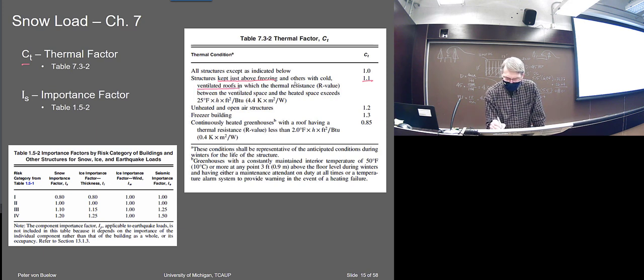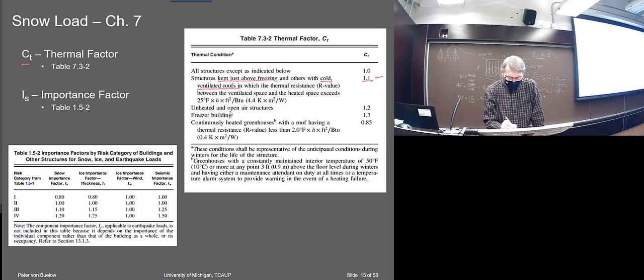This is pretty common. My house would be this, right? Normally houses are like this now. We put the insulation in the flat part, and the part that goes up above, you have vents at the side, and it vents through it. So that would be a common residential one.